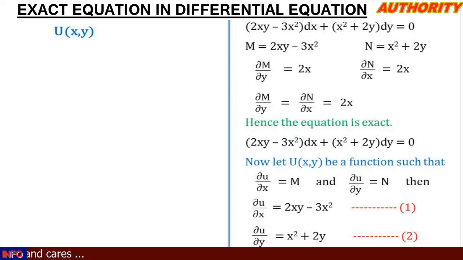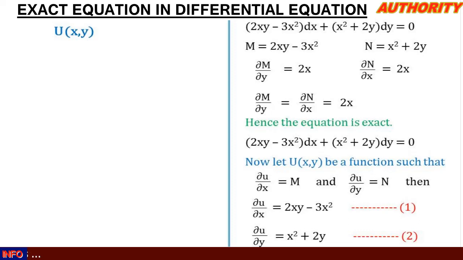So we want to find a function, we can call it u, such that when we differentiate it partially with respect to x, it gives us 2xy minus 3x squared, and when we differentiate it partially with respect to y, it gives us x squared plus 2y.